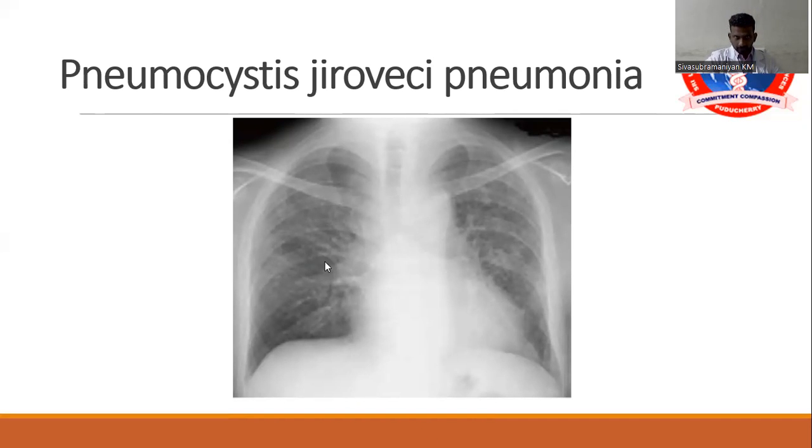Here you have a frontal chest radiogram showing bilateral hilar haziness. That is a key word to use. You have to describe this as bilateral perihilar or hilar areas of haziness with reticular pattern in the bilateral upper lobes of the lung and a few areas of nodular pattern in the bilateral upper lobes. So this is classic of pneumocystis jirovecii.